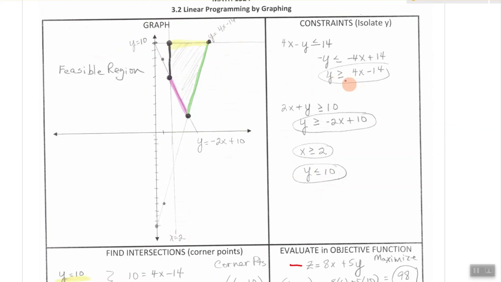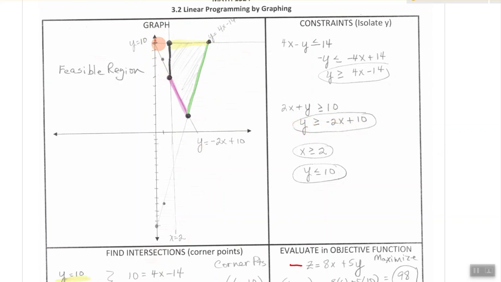Then I graphed y is equal to 4x minus 14. So I had a minus 14 here. I went up 4 and over 1, and I connected those. But since I knew that I was up here, then I'm going to be there. All right, and then this line is the y equals -2x plus 10.